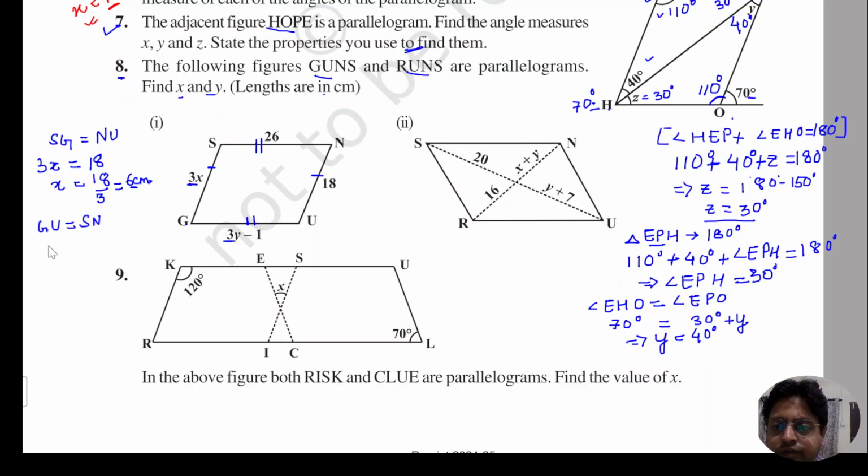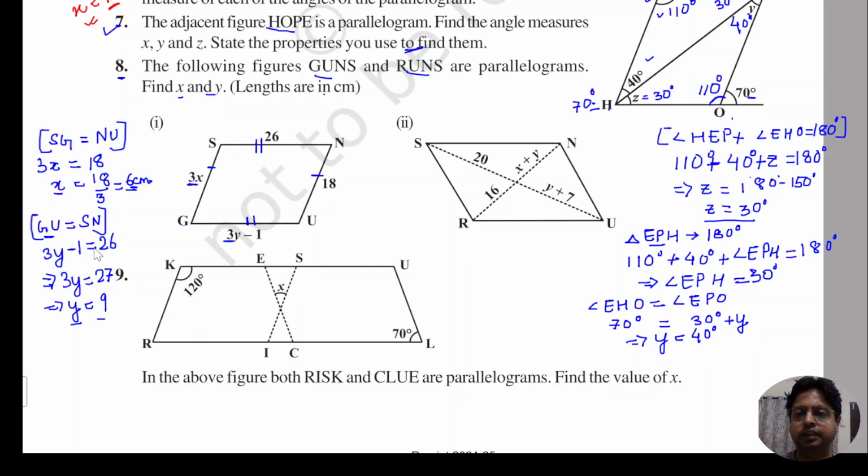So 3y is equal to 27, and y will be 9. Thus, we found value of x is 6 and value of y is 9. Which property we used? We used that opposite sides of parallelogram are of equal length. Hope it is clear to you.